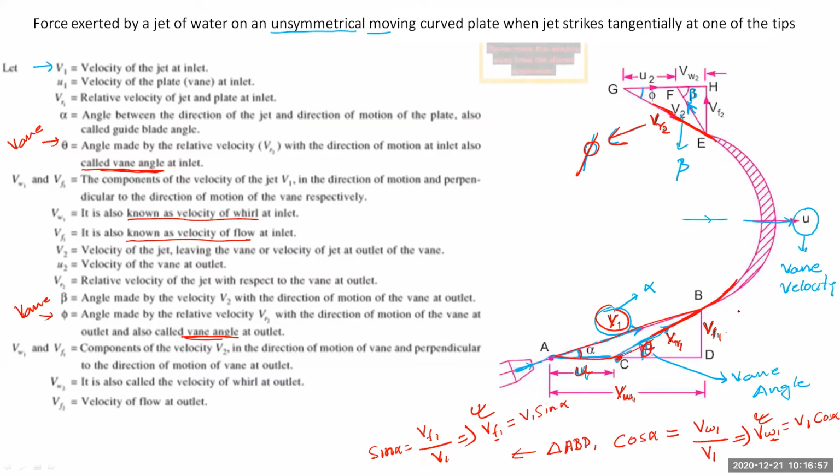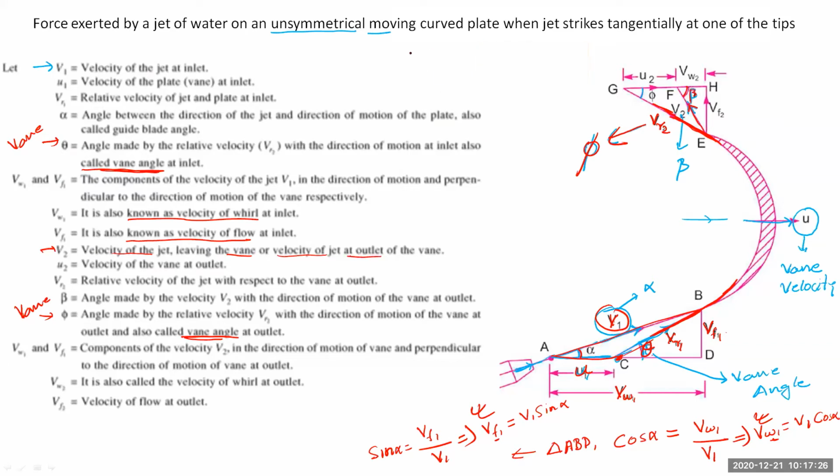If you see the outlet side, as I have told you, the tangential component will be your VR2. There will be one velocity component at outlet, which is the jet velocity. V2 is the velocity of the jet leaving the vane, or the velocity of jet at outlet, and it is making an angle beta.